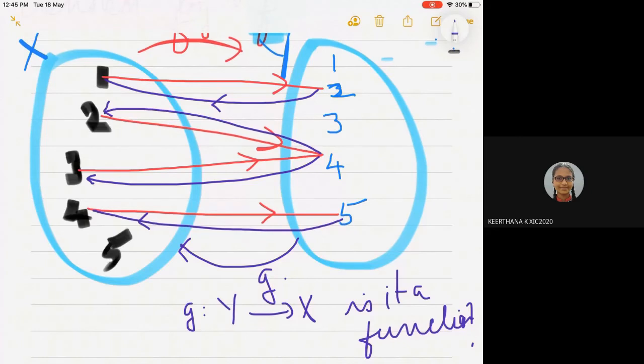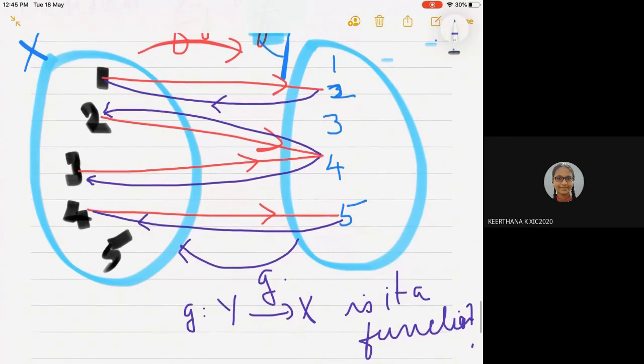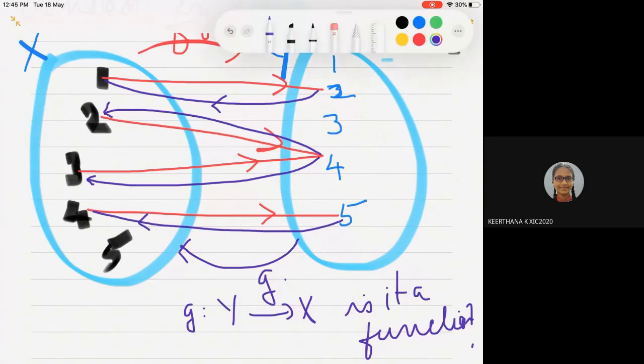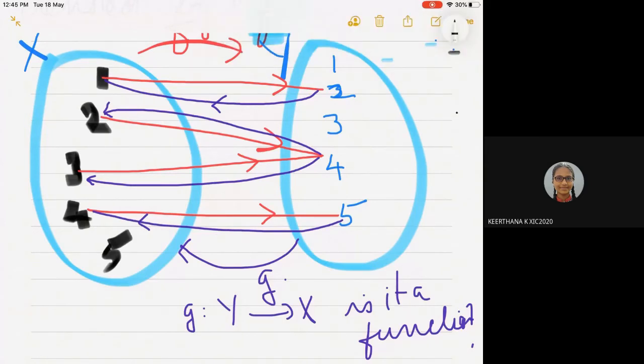It is not at all a function, because the definition of function is that every element of the domain should have a unique image. The domain of this relation is y, 1, 2, 3, 4, 5, and every element should have an image. That is not there. Second thing, the image is not unique. Both the conditions are not satisfied. When you are taking the inverse mapping, it is not a function.